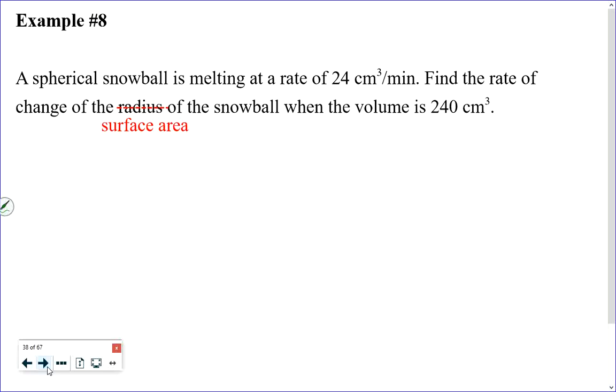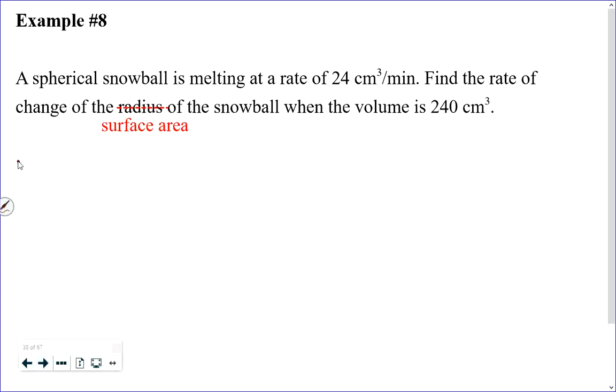So the first thing, I hope we understand what's happening here. We have an ideal situation, idealistic anyway, where you have a snowball and it's melting and it's maintaining its perfectly spherical shape, which means the volume is changing and the surface area is changing.